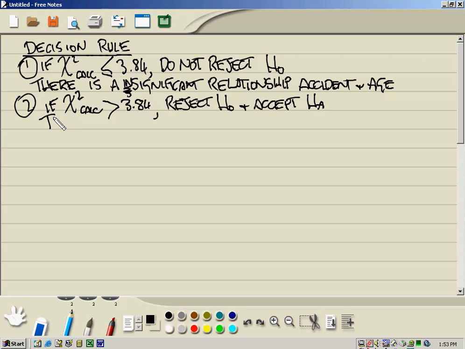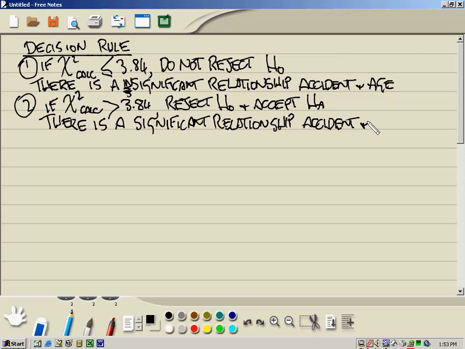Right, and there is a significant relationship between our two variables, accident and age.